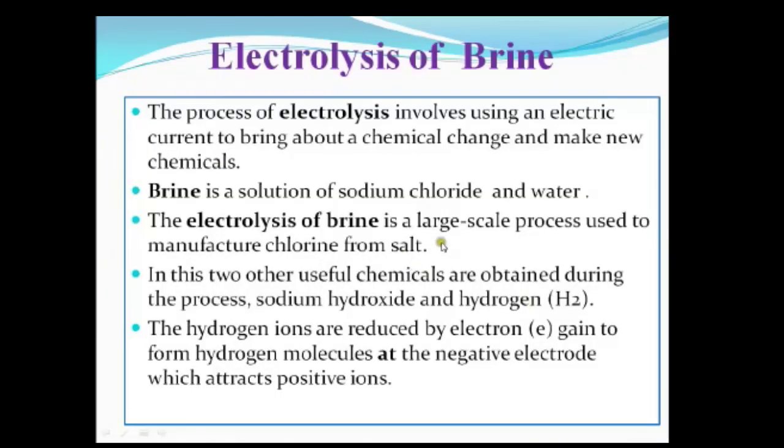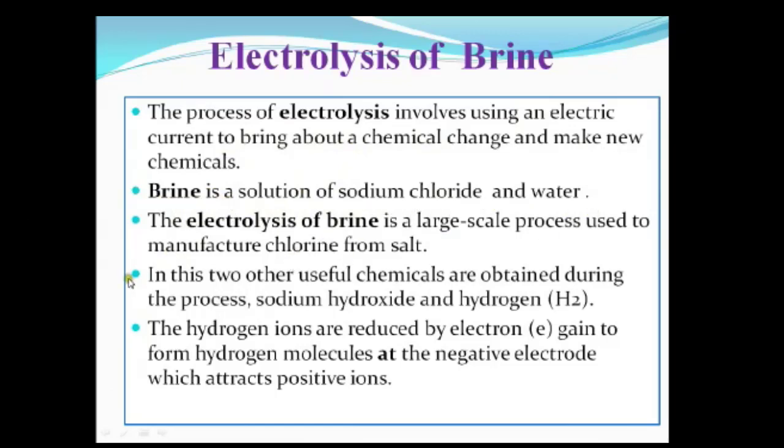Furthermore, when you talk about the electrolysis of brine, the process of electrolysis involves using an electric current to bring about a chemical change and make new chemicals. As we know from our previous discussion, brine is a solution of sodium chloride and water.